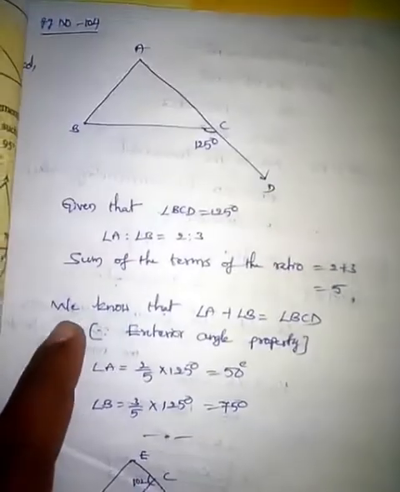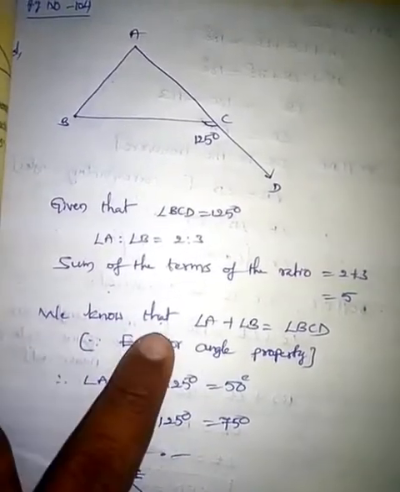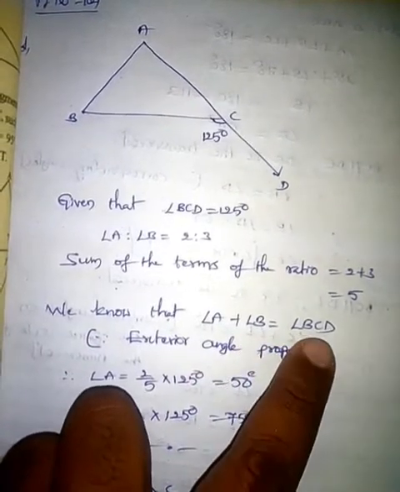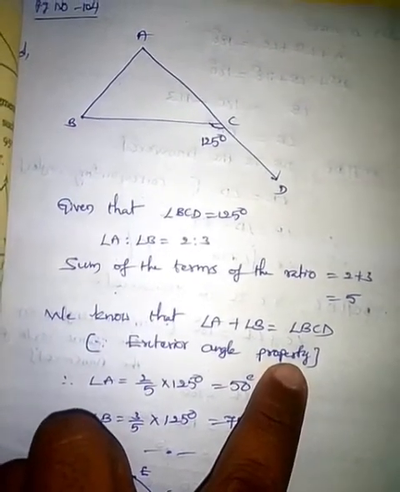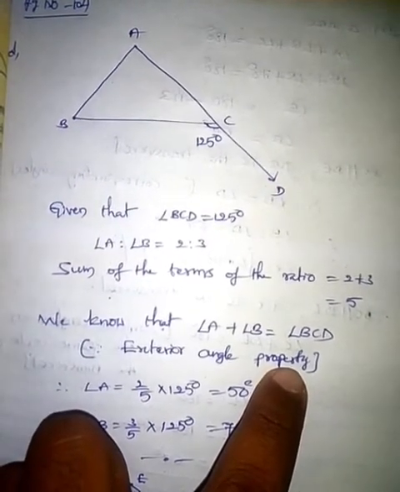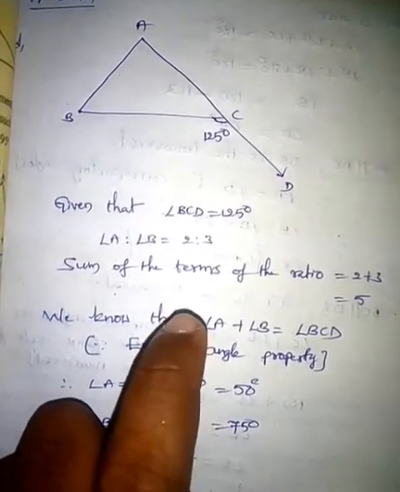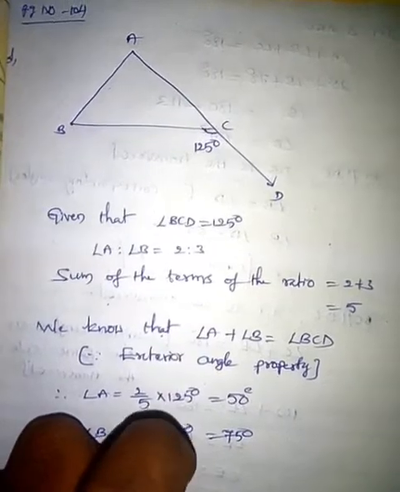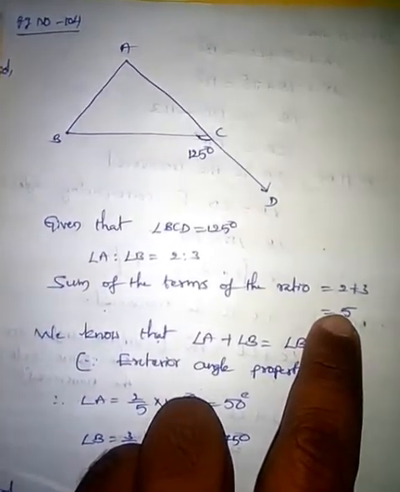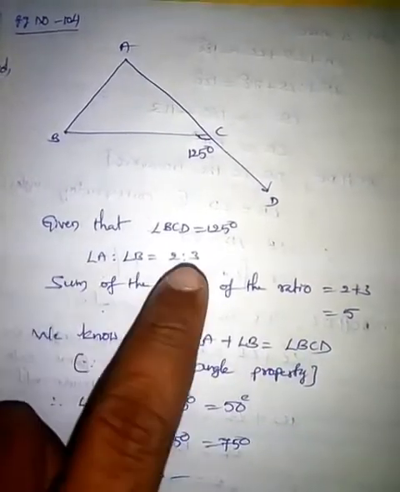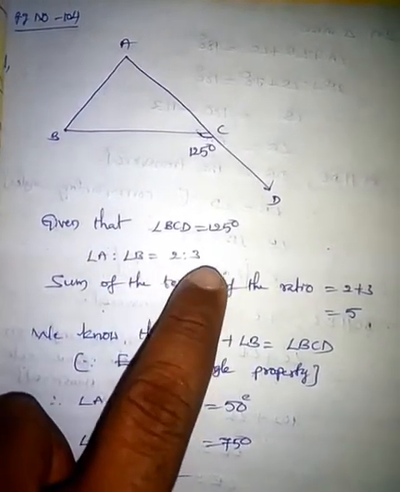We know that angle A plus angle B equals angle BCD because of the exterior angle property. That 125 degrees is divided into 5 parts. In those 5 parts, A occupies 2 parts and B occupies 3 parts.